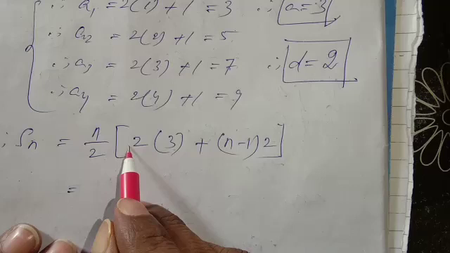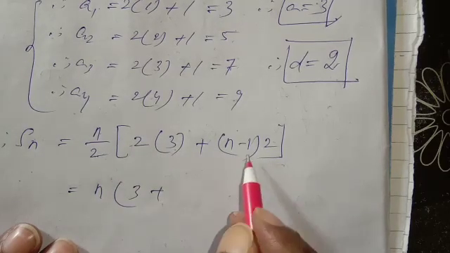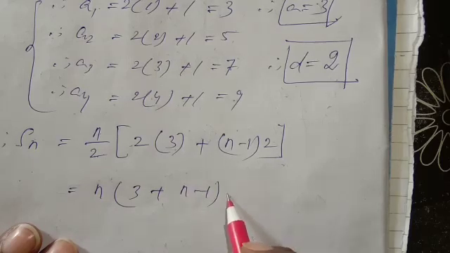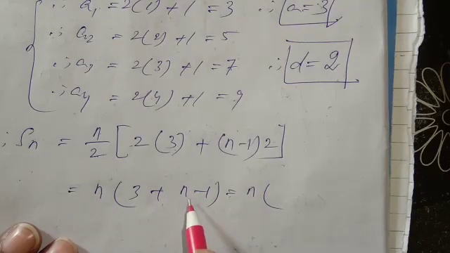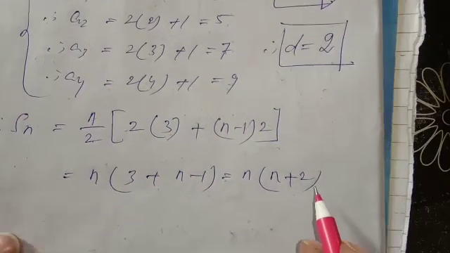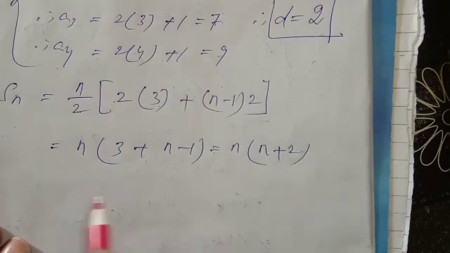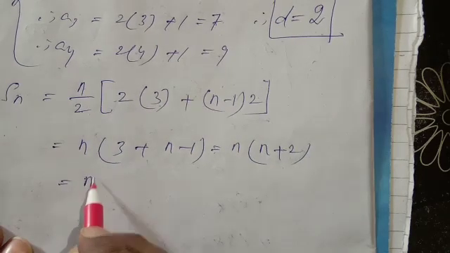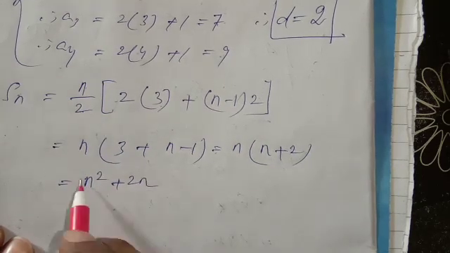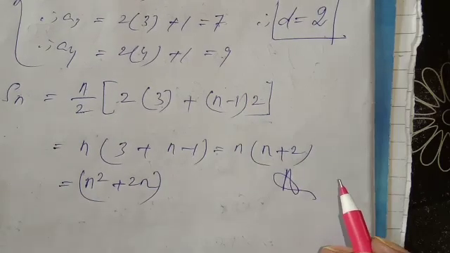This 2 you take common and cancel, n whole into 3 plus n minus 1. Finally we get n whole into n plus 2. So the sum of n terms is n into n plus 2, or n square plus 2n. This is the sum of n terms of the given AP whose nth term is given.